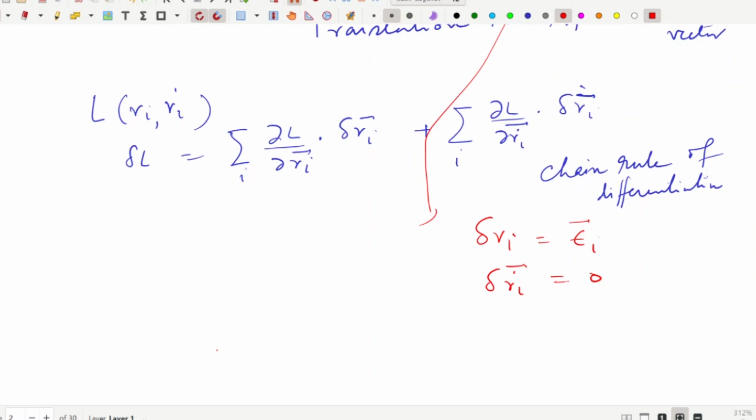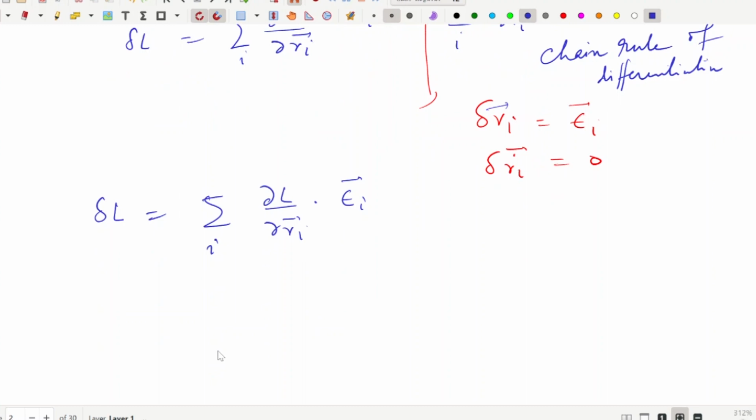So, if I substitute this in my equation, we will get delta L equal to sum over i of del L del Ri dotted with epsilon i, because delta Ri is epsilon i and delta Ri dot equals 0. Okay.